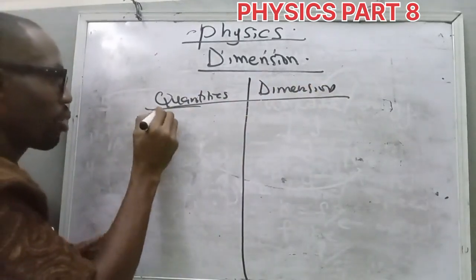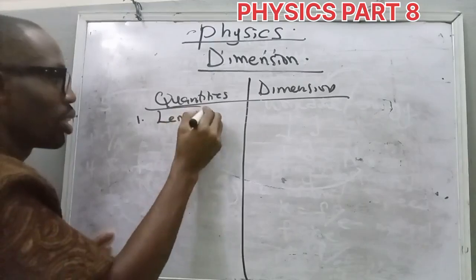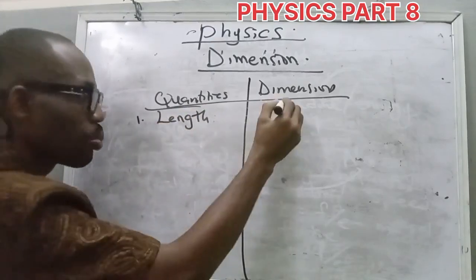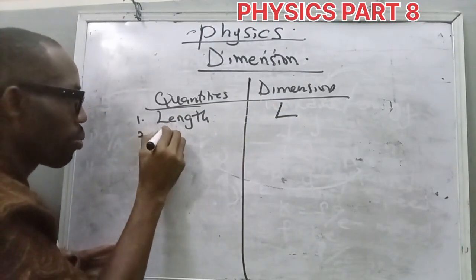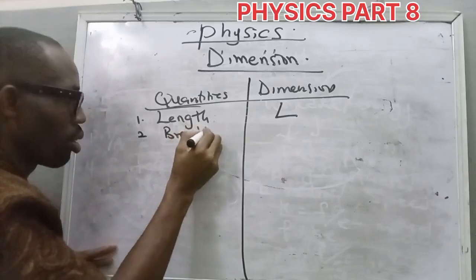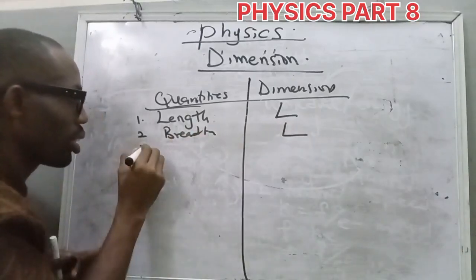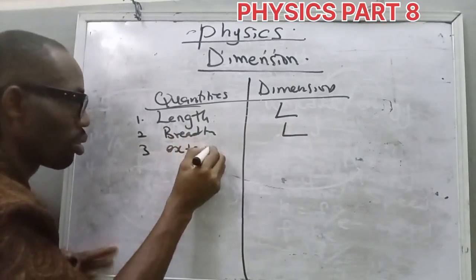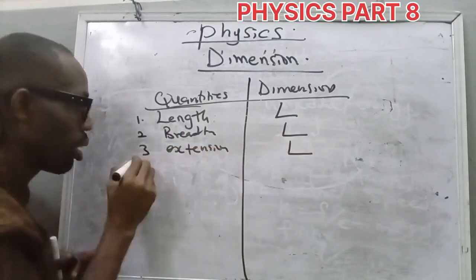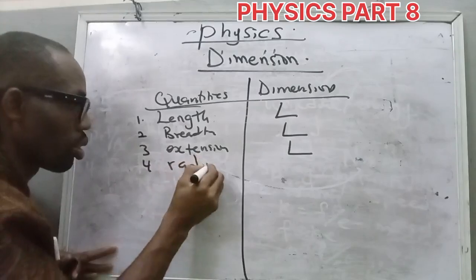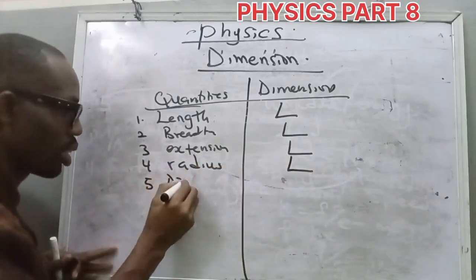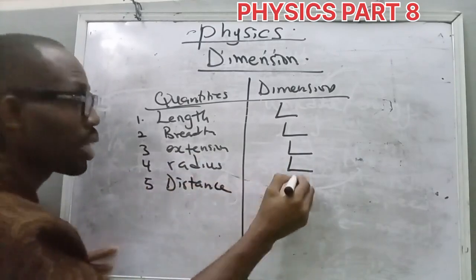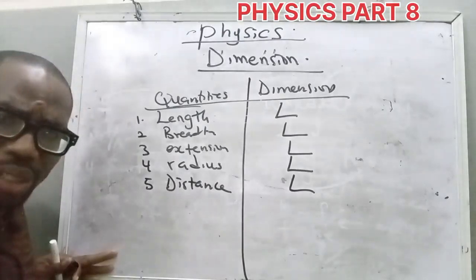Number 1, we have length. Anytime you see length, represent it as L. 2, you have breadth. Represent it as L. 3, extension. Represent it as L. 4, radius. Represent it as L. 5, distance. Represent it as L. Do you understand what I'm saying?